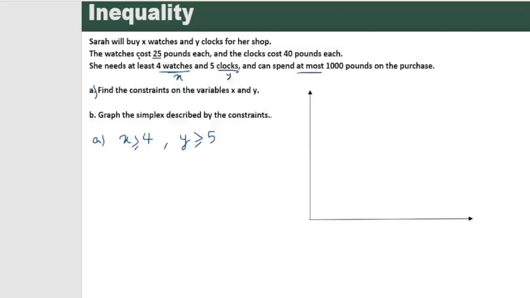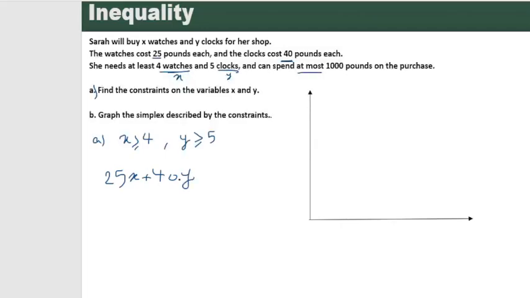Buying watches that each cost £25, I don't know the number of watches, so I write 25 times x, plus clocks that cost 40 each times the number of clocks, y.